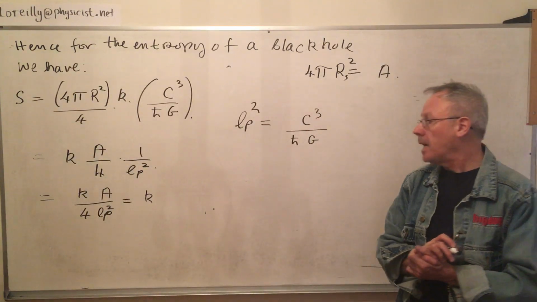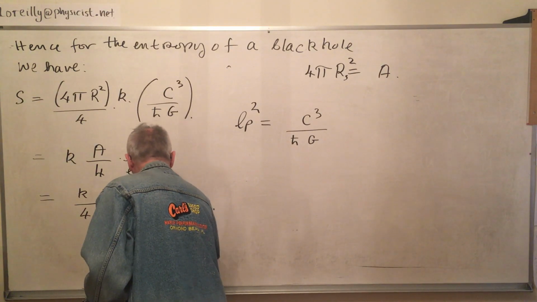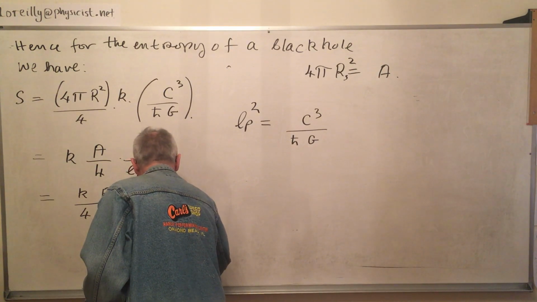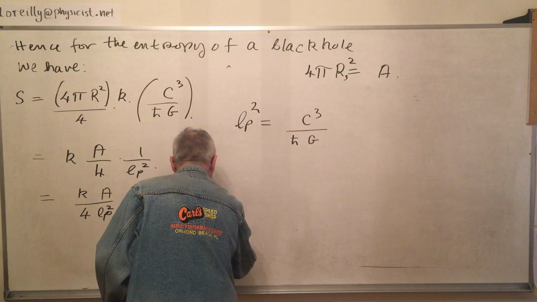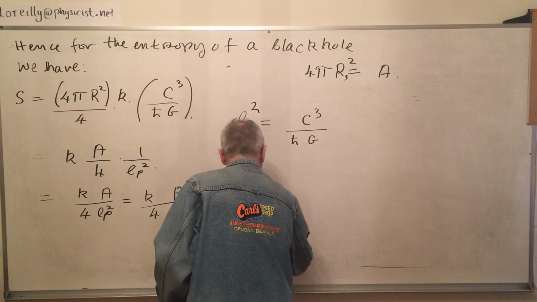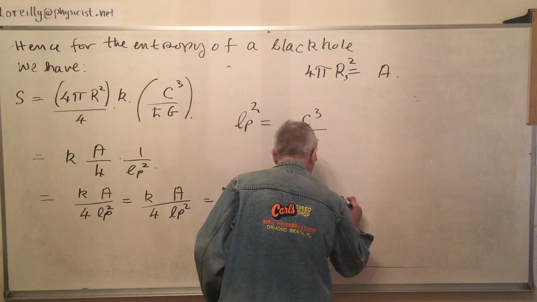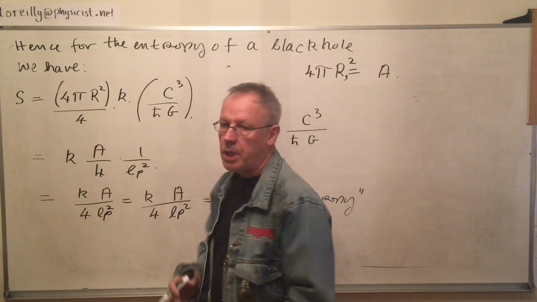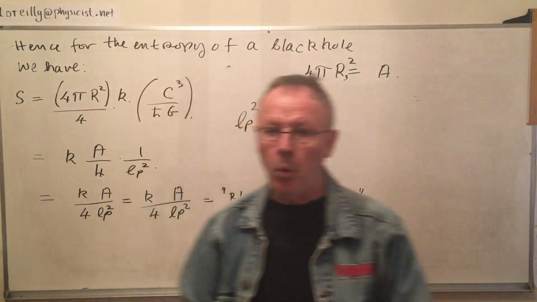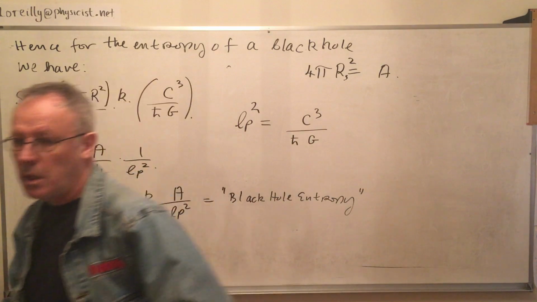It is, in fact, the Planck area. Now, you guys can go and check all the big references that I gave you if you want to, and you will find that this agrees exactly with the Hawking formula for a black hole.